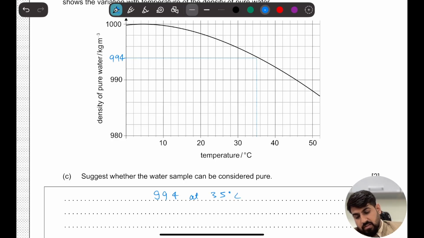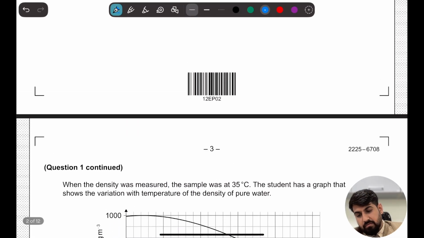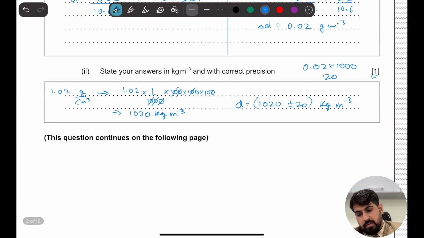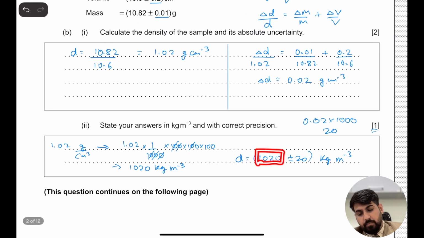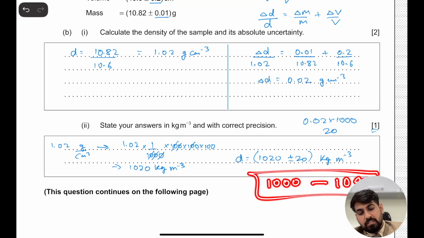Now, the value that we received in the previous part at 35 degrees was 1020. But even if you take the uncertainty into consideration, the value must lie between 1000 and 1040. But our answer is lying beyond this range, right?